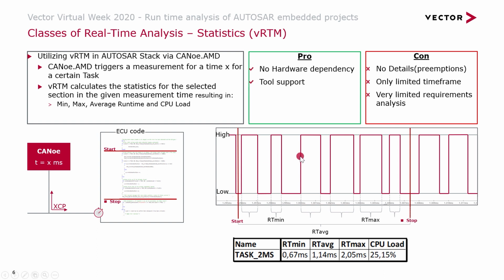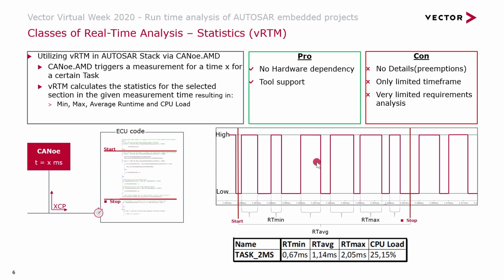It could be that it's not as indicated here in the diagram that the task is running over the entire measuring period, but it could also be that, for example, in the first 50% of the measuring period, the task is continuously running, and therefore over the overall period, it has an average of 25% runtime.